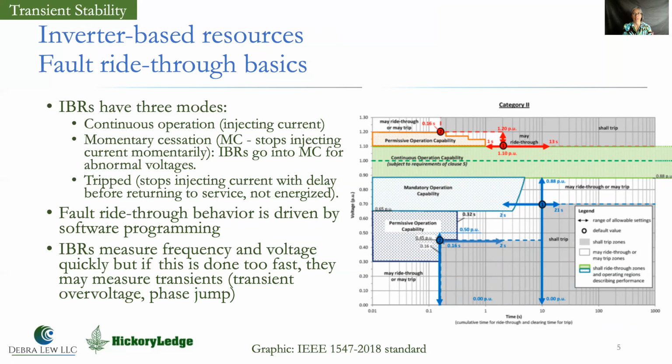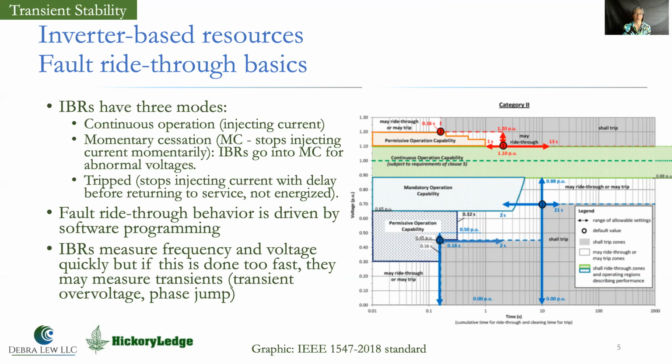So it momentarily stops injecting power into the system. And then it waits until voltages get back to the normal range, and then there's a lot of programmed behavior. It might have a delay, it might have a ramp rate back up to full output again. So a lot of this gets programmed in.